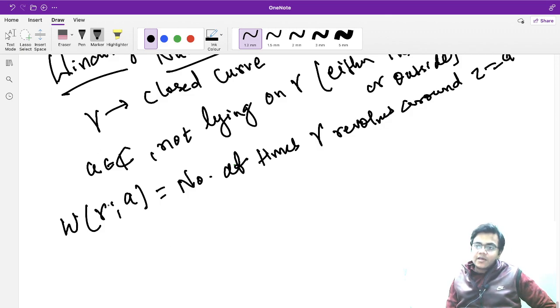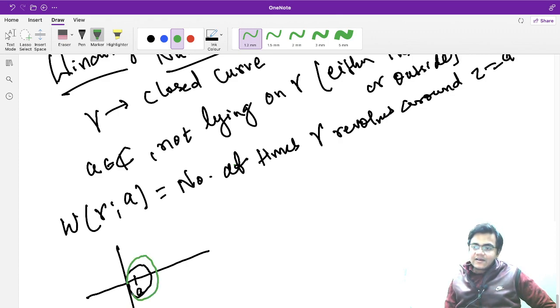Okay, let me make a picture to illustrate it. Let's say here is a point A, and this is curve number 1.